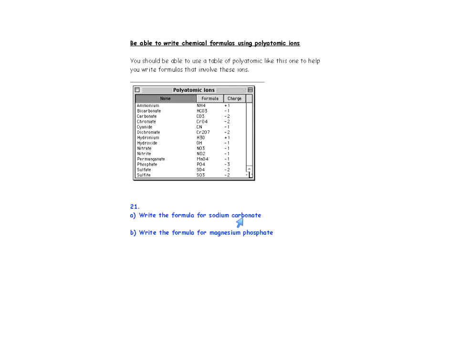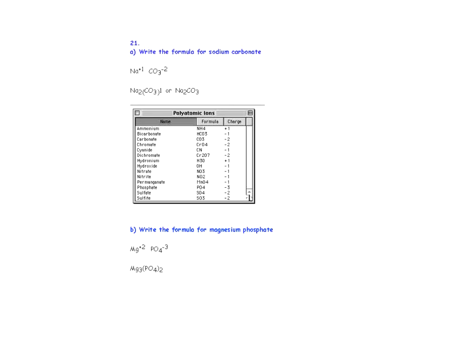So if we wanted to write a formula for something like sodium carbonate, we look at carbonate, see it's here, and we see it has a -2. So it's CO3 with a -2 up above. And the sodium we know is +1. If we go on the next page, we can see how that's formed. Sodium +1, carbonate -2.